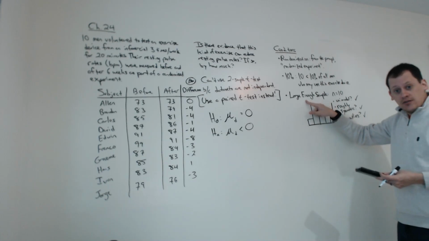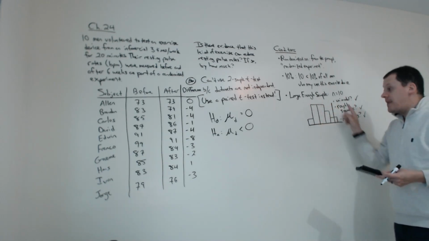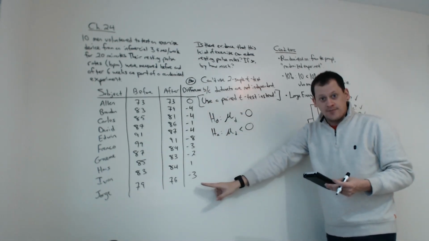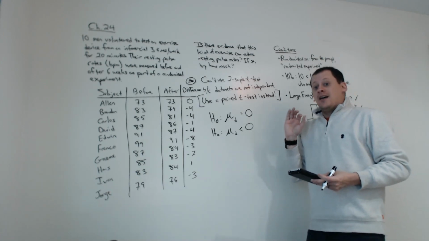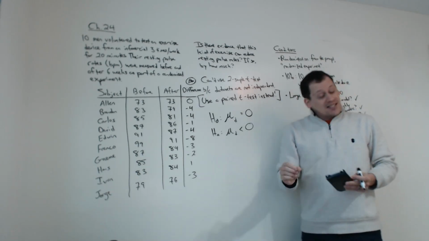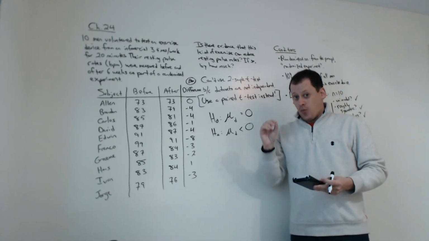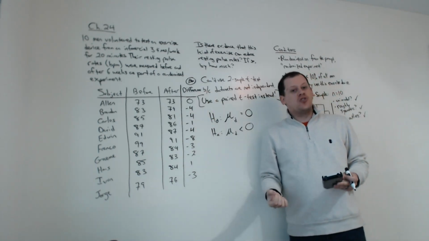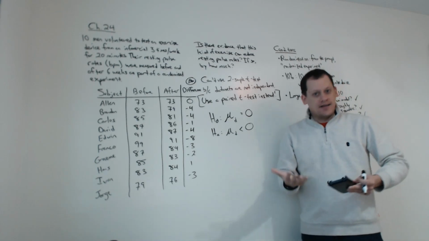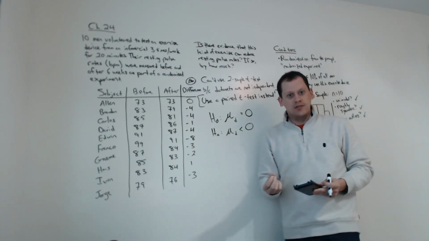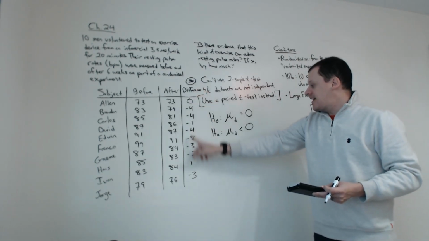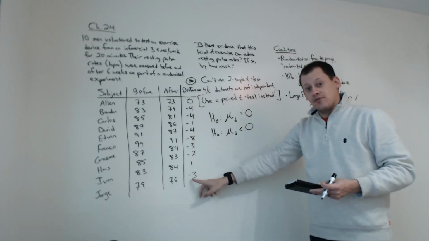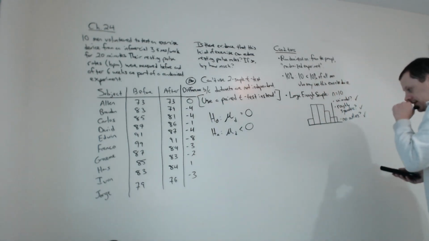This condition, you're checking based on the differences. Going through the mechanics of the test, which we're about to do, we're only going to be using the differences. So we're essentially treating it like a one-sample t-test, the first kind of t-test we ever did. But that sample is now the differences. So let's keep going.